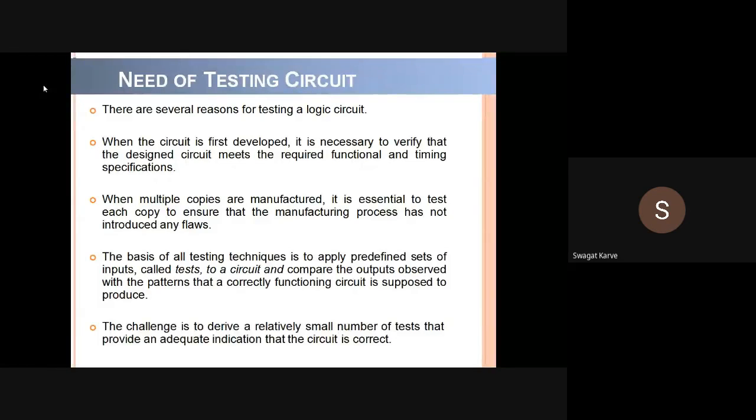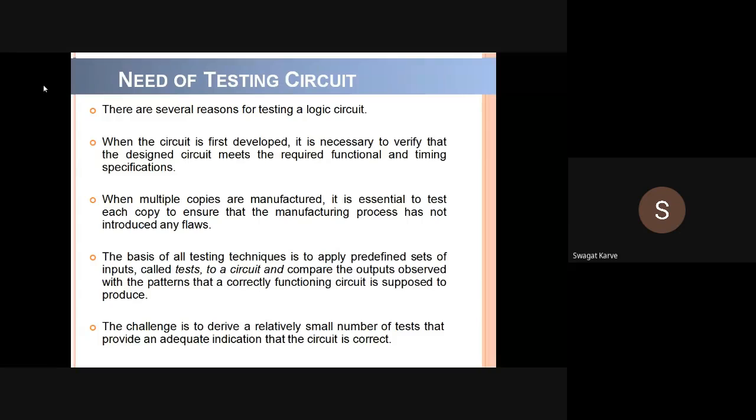Then if you want to manufacture multiple copies of that, then also you have to go for testing. So these are the reasons, right? That's why we have to go for the testing of logic circuits. And how to carry out that testing? You have to define some predefined test sets, right? Apply those test sets to your particular hardware that you have manufactured and check the output, right? If for all test sets you are getting the correct output, then the design and the manufactured hardware is faultless.